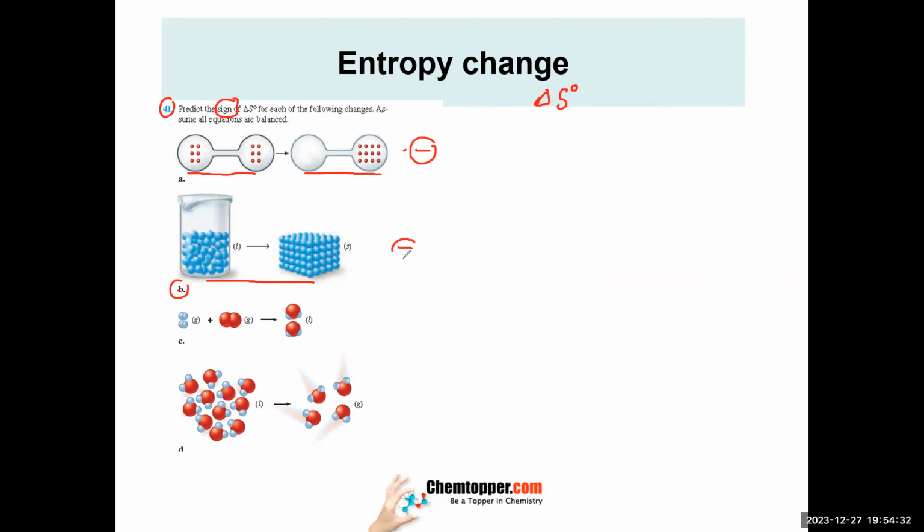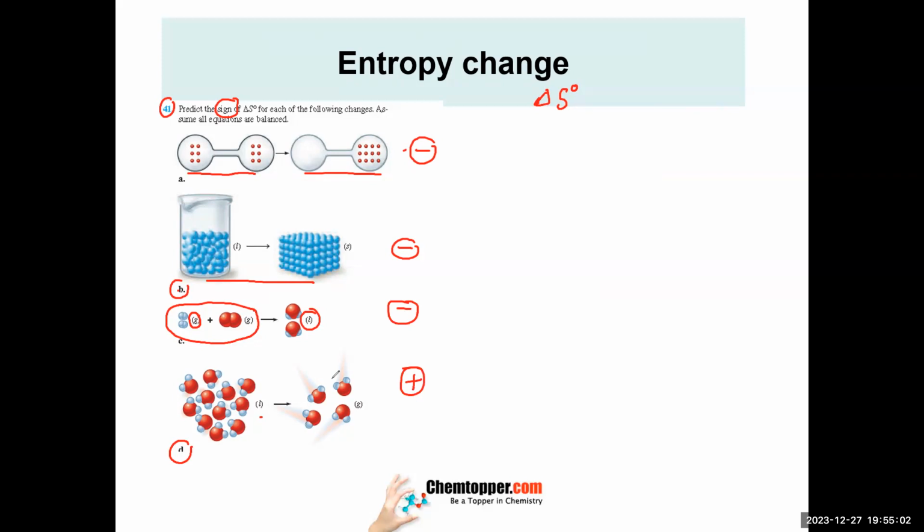Very good. Decreasing, negative. C part, from 2 moles of gases, can you see these are gases, to this liquid. Increasing, decreasing? Very good, Yusuf. Decreasing. D part, liquid to gas. Increasing. So this is minus and this is plus.